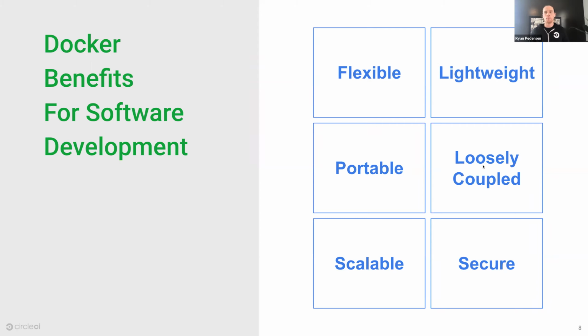Loosely coupled: containers are highly self-sufficient and encapsulated, allowing you to replace or upgrade one without disrupting the others. Scalable: you can increase and automatically distribute container replicas across a data center. And secure: containers apply aggressive constraints and isolation of processes without any configuration required on the part of the user.